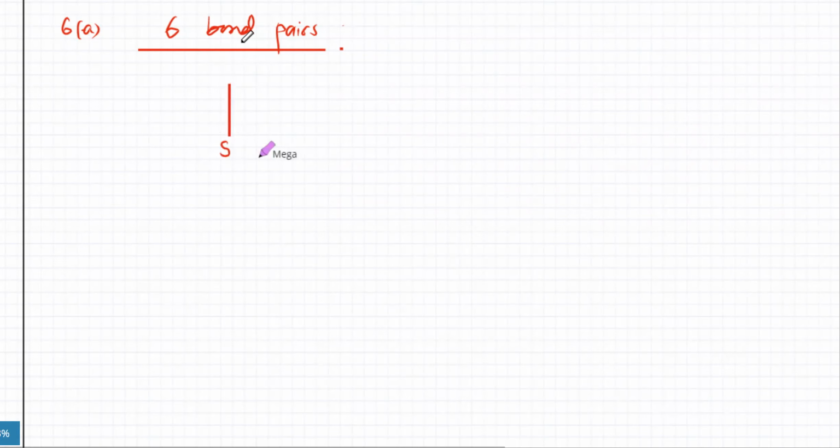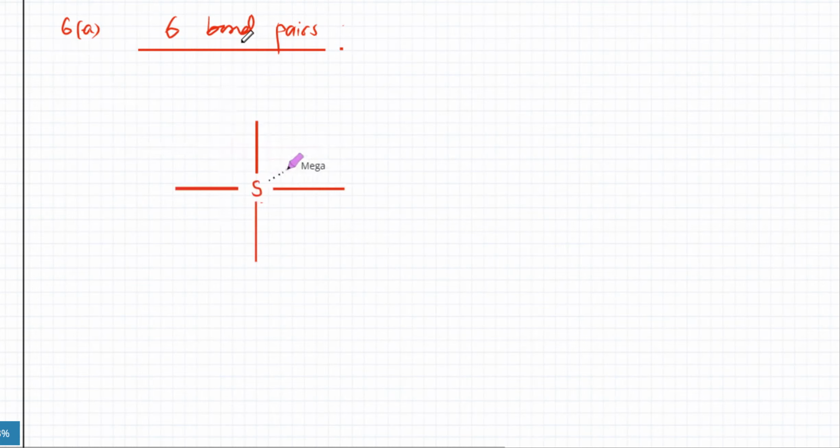One of them is on the right side, one would be on the left side. One of the bonds would be at the bottom. So those are your 4 bonds, and then there's going to be 1 bond that would be coming out of the page and going into the page.